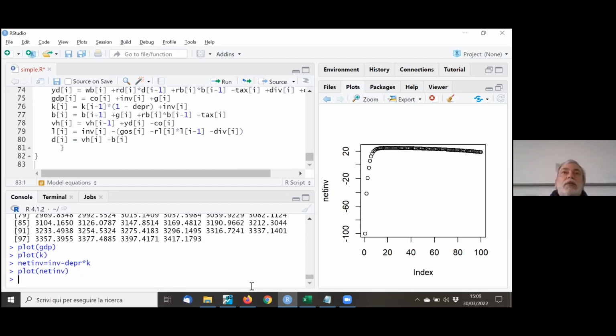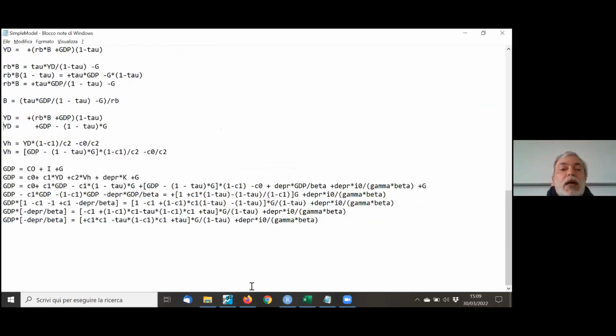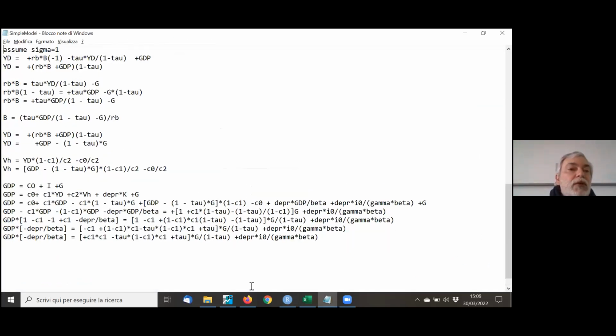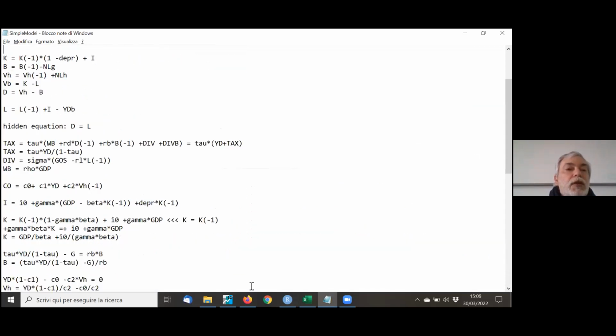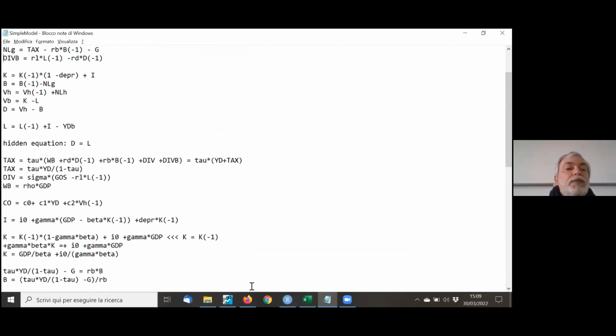So this makes the stock of capital grow forever. And our algebra was suggesting that, but our algebra was based on the assumption that the stock of capital would converge. So all of our algebra was based on the idea that we were on a steady state, but the model is not on a steady state.